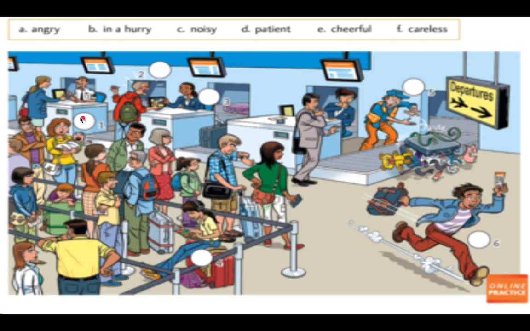So let's look at number 1. We can talk about some different ways to describe them. So how do they feel, or what are they doing? So angry, in a hurry, noisy, patient, cheerful, and careless. So let's look at number 1.